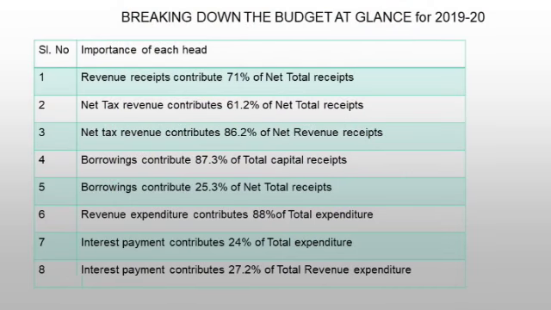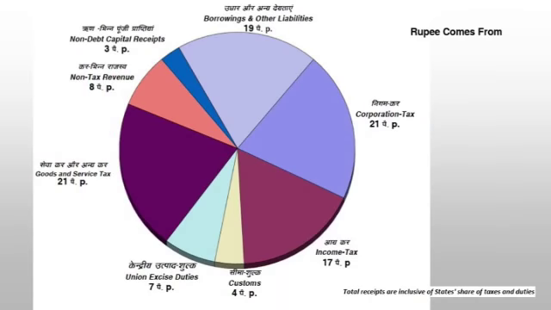Let me show you once again. Yes, this is the net total receipts, not gross. I repeat, it is net, whereas the pie chart which I have shown you is gross. So that's the difference between gross receipts and net receipts.